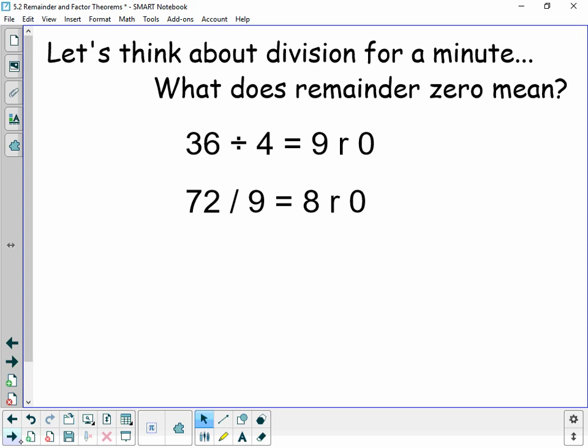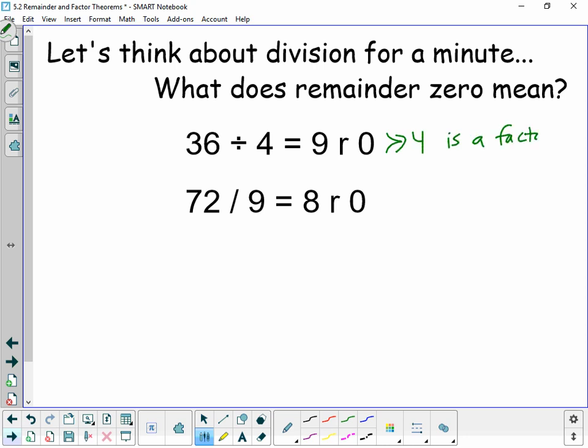Well, for numbers, it means that the number you divided by, that divisor, is one of the factors of the number. This means that 4 is a factor of 36. This means if I divide by 9 and I get 0 remainder, that means 9 is a factor of 72.